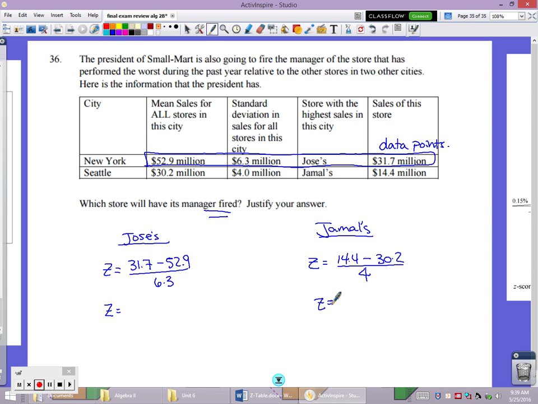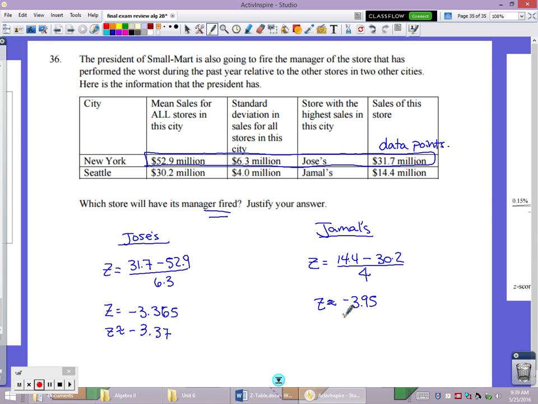Okay, when you calculate it, it looks like here we are at negative 3.365, so I'd round that to about negative 3.37. The z-score is about that. And at Jamal's store, we're at about negative 3.95. We'd like that approximate because I rounded.